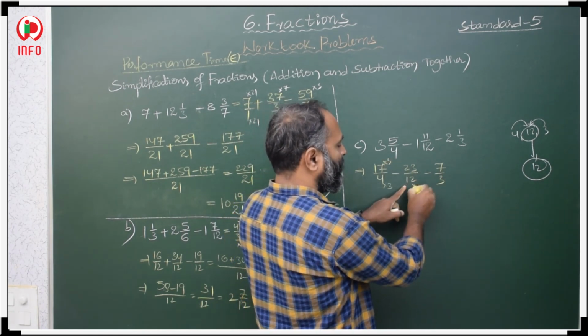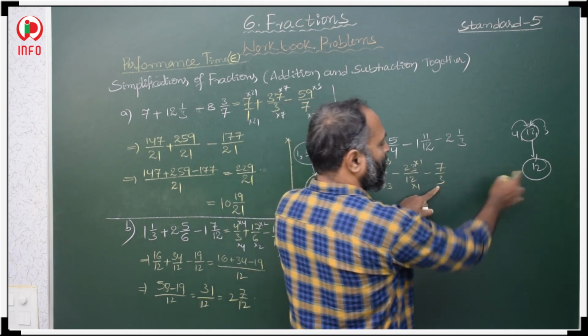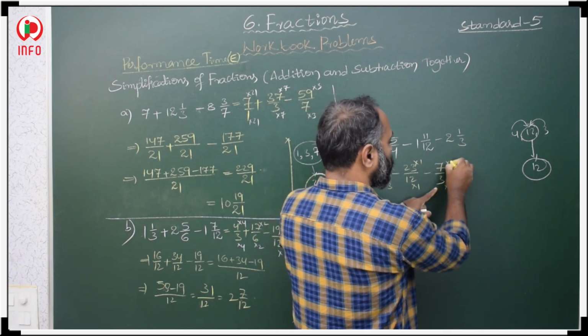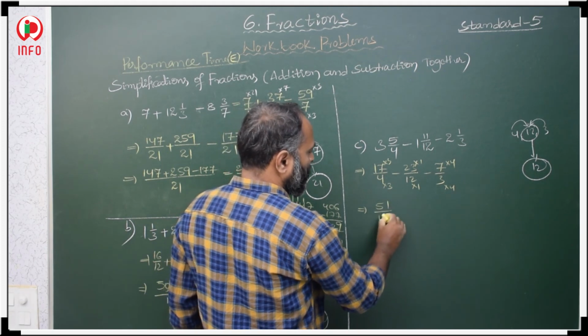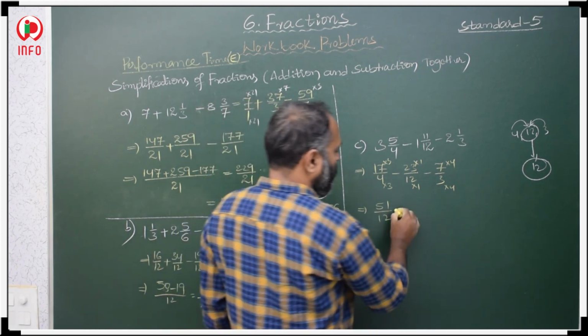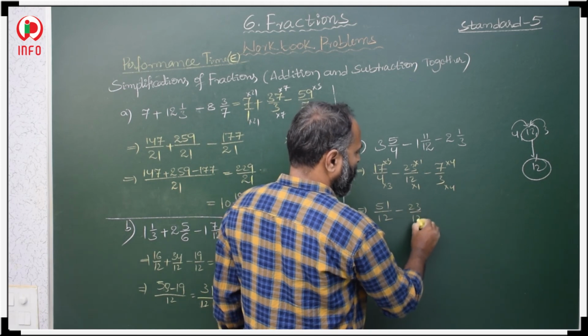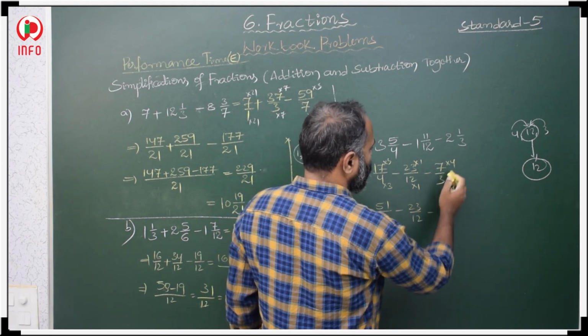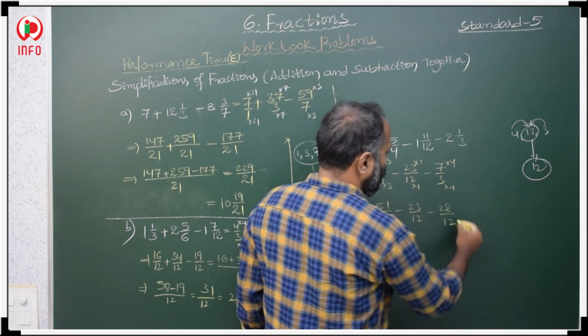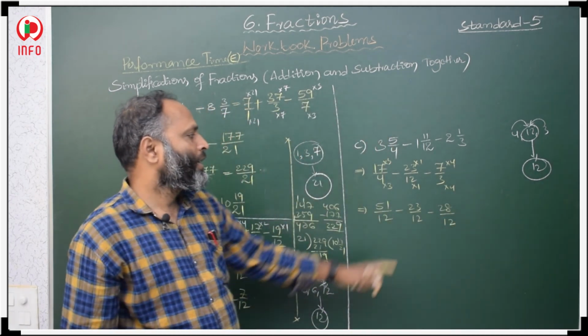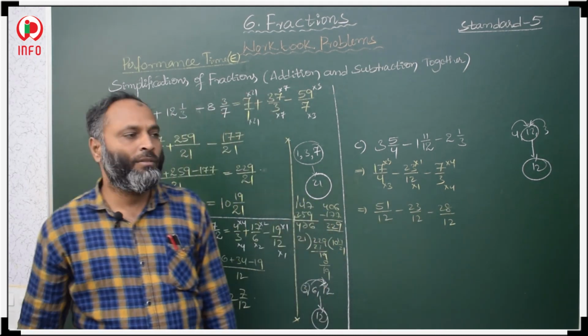In the 12 table, 1s are needed. In the 3 table, 4s are needed. Now 17 3s are 51 by 12, 23 by 12, 7 4s are 28 by 12.